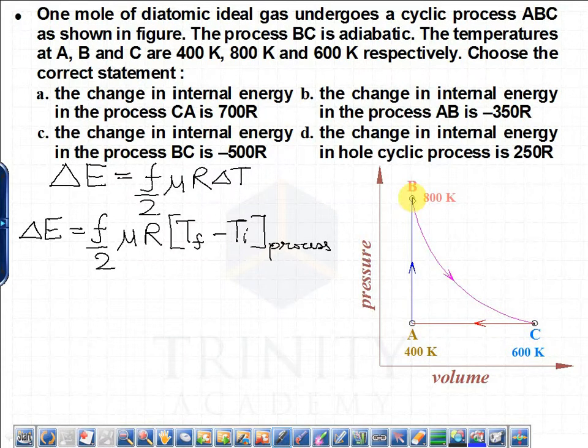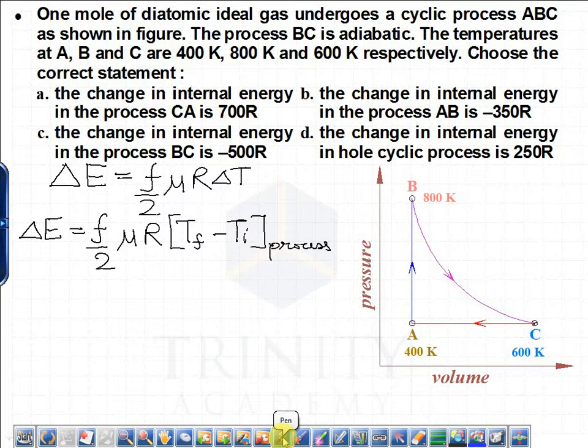And process CA, if we see, it is an isobaric process. But change in internal energy is not dependent on that. Change in internal energy depends only on the end conditions in that process, that is the temperatures at the end. It does not depend on the path followed by that particular process. So this is one of the most important facts here.